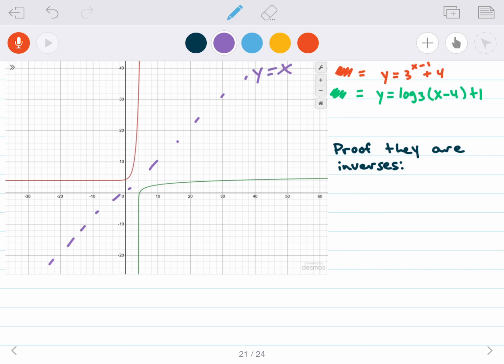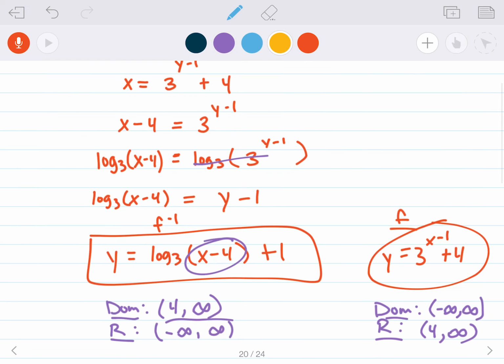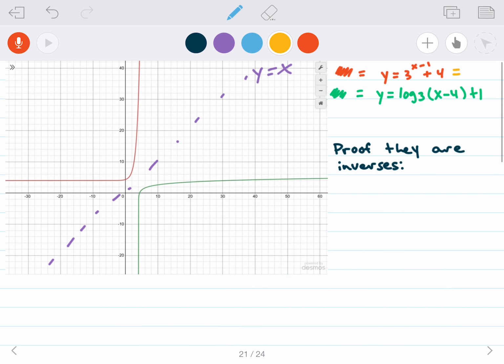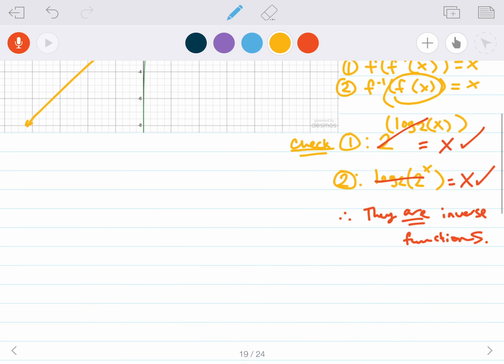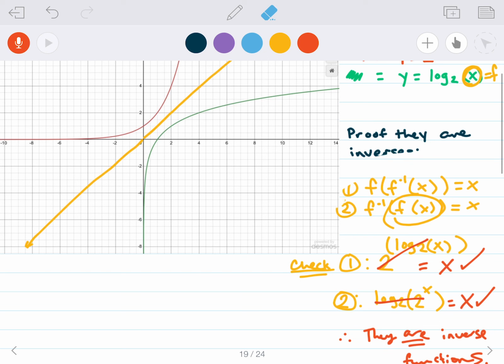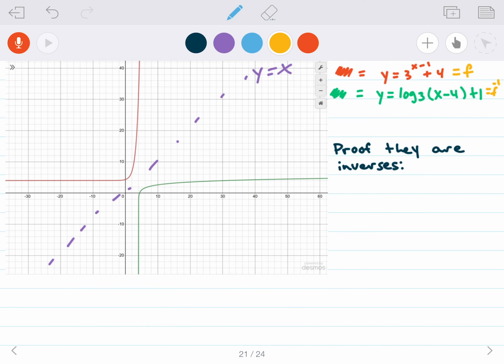And let's prove that they're inverses. This was our f, and this was our f inverse. Our first condition is that f of f inverse of x equals x, and our second condition is that f inverse of f of x equals x.